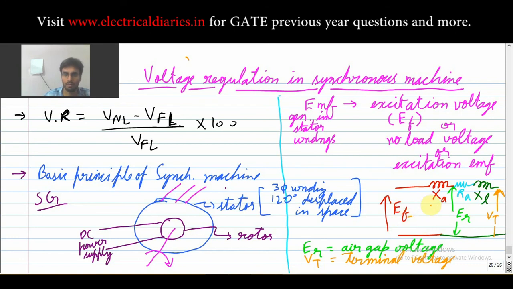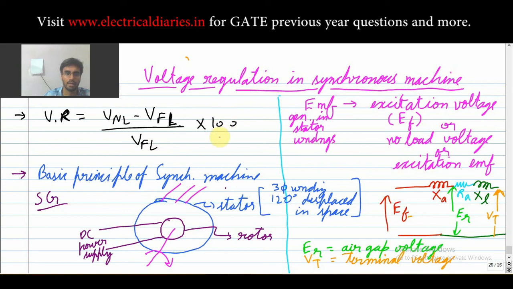Now just keep this equivalent circuit in your mind, and we can think of finding the voltage regulation. What will be the no load voltage? It will be EF. What will be the full load voltage? It will be your VT. And you divide by VT into 100.